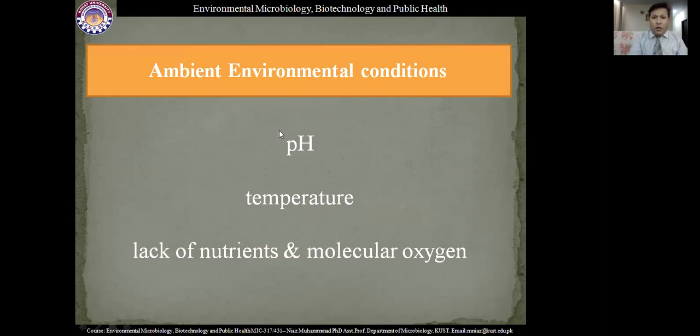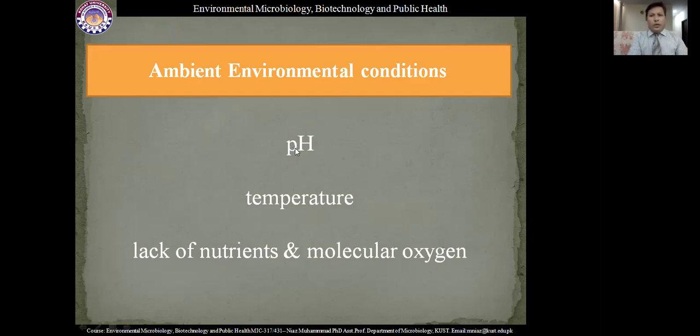If it is neutral, it will support most type of the microbial communities. So every type of microbial community will grow over there. They will produce various type of enzymes, and they have ability to decompose that particular pollutant. Suppose if pH of the environment is acidic, extreme acidic, so only acidophilic microorganism will grow.